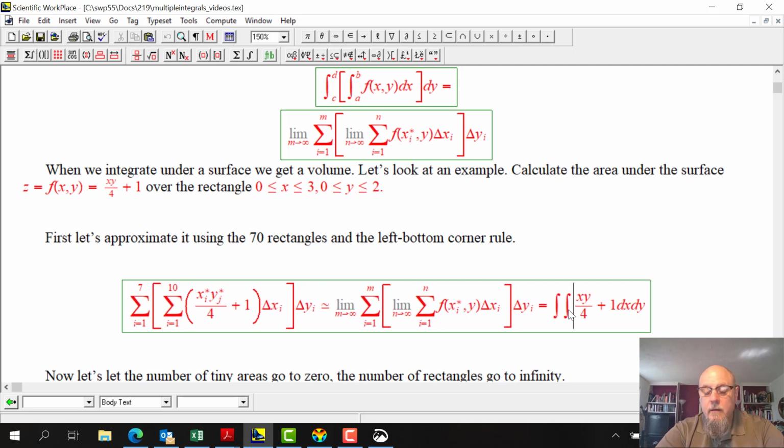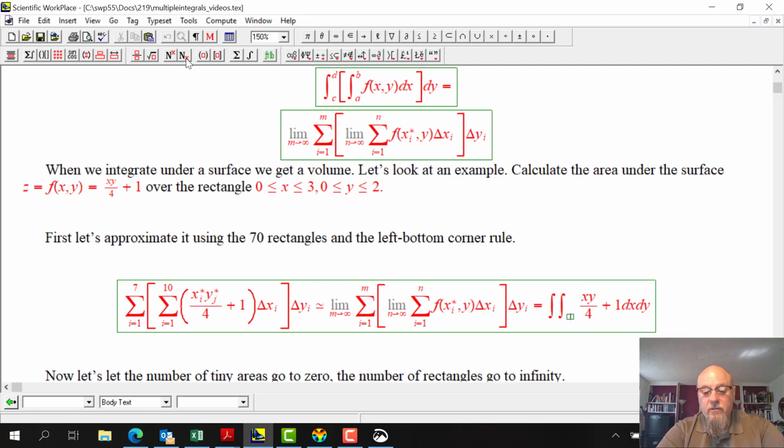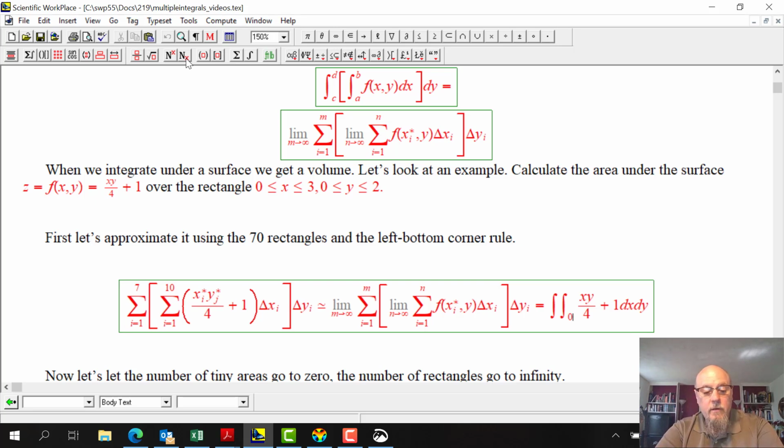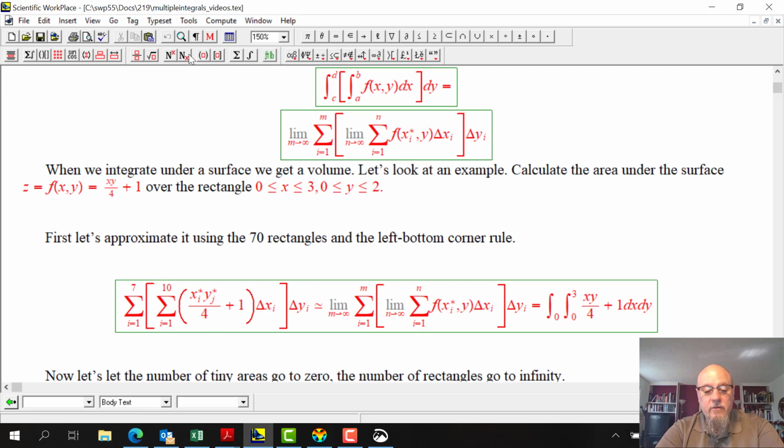The inside sum has to do with the x, so the inside integral has the x endpoints from 0 to 3. The outside sum has to do with the y, the delta y. So that's why the outside integral has the 0 and 2.